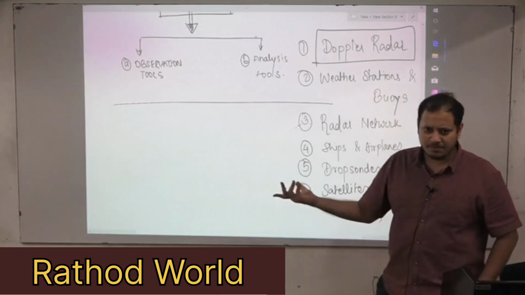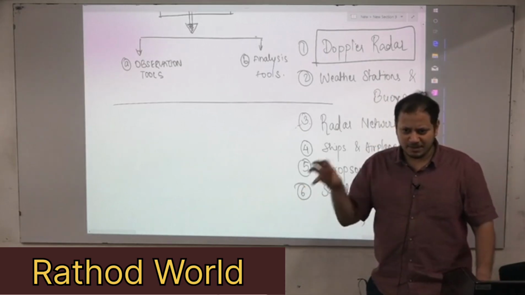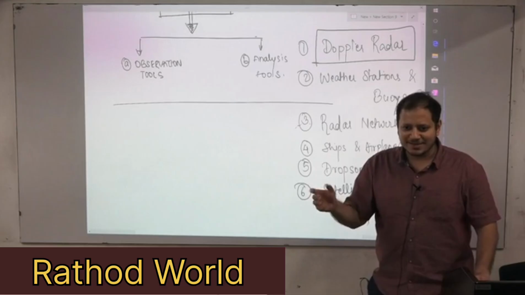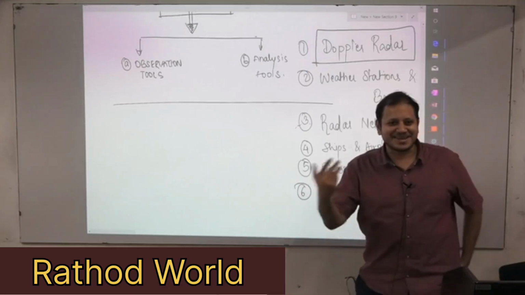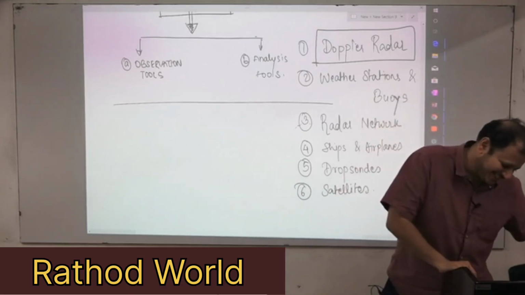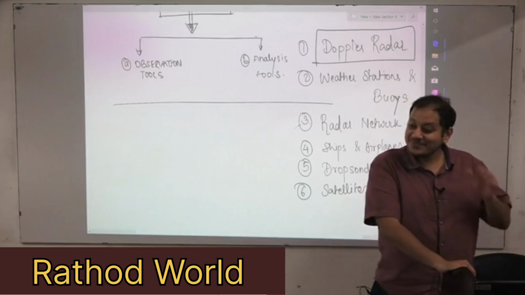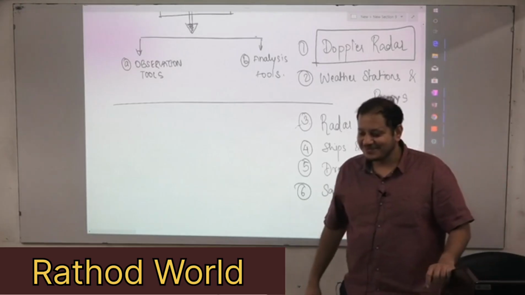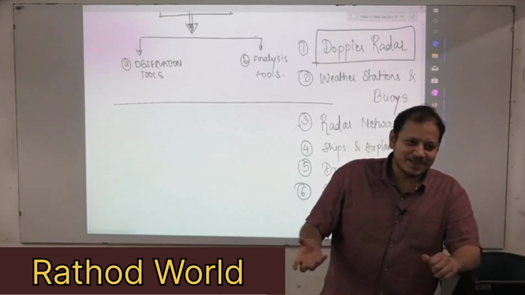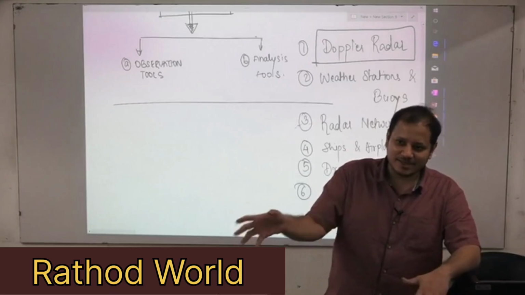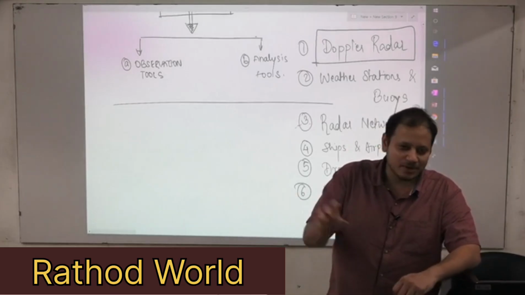Radar network is very simple. What is a radar network? Network of radars. What are radars? It is nothing but a microwave device that will look at a location.